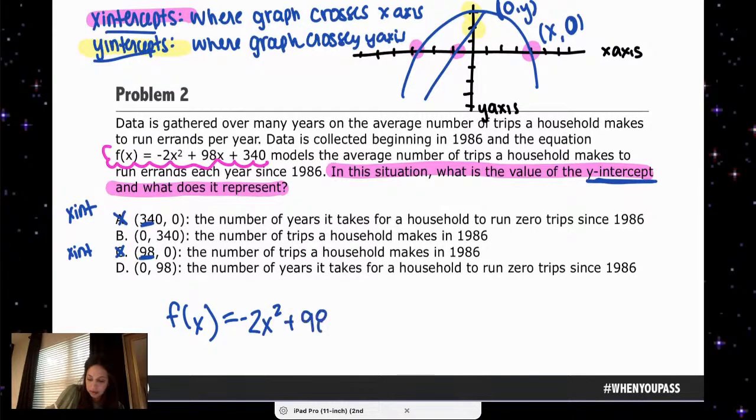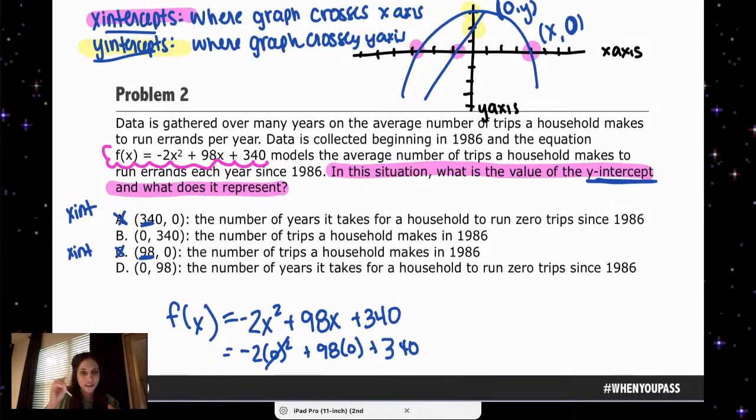Negative 2 times 0 squared plus 98 times 0 plus 340. Anything times 0 is 0. Anything times 1 is itself. So my y-intercept is 340, which is the number of trips a household makes in 1986.